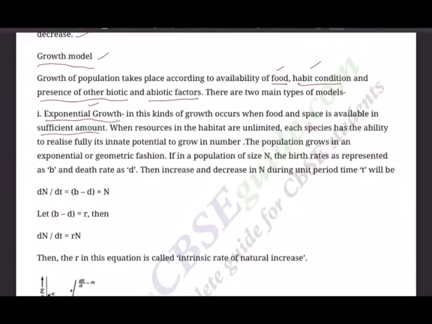When resources in the habitat are unlimited, each species has the ability to realize fully its innate potential, meaning inner potential, to grow in numbers. The population grows in an exponential or geometric fashion.